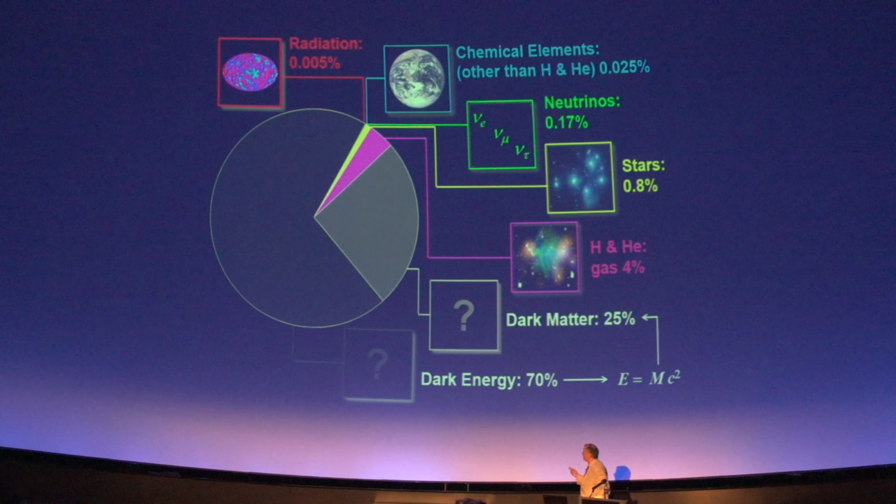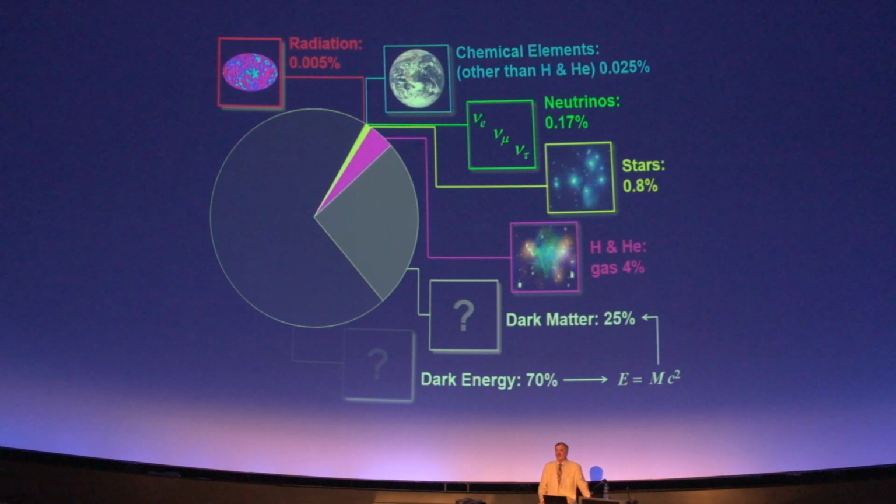But if you add up everything that we observe and can account for and understand, it only amounts to 5% of what's in the universe. 95% of the universe seems to be invisible to us. 25% of the present universe is in the form of dark matter, and 70% of the present universe is in the form of dark energy.